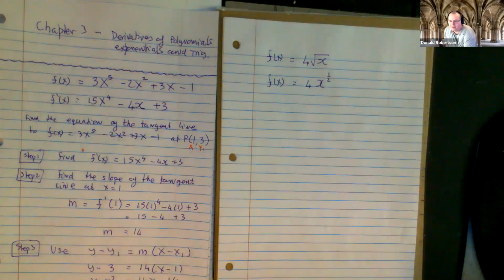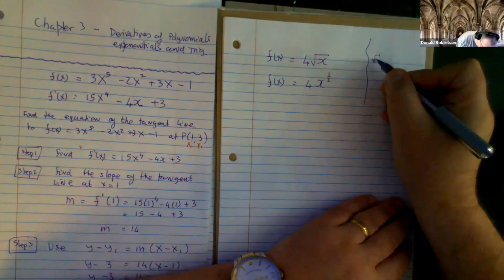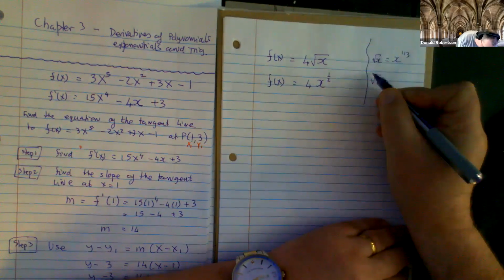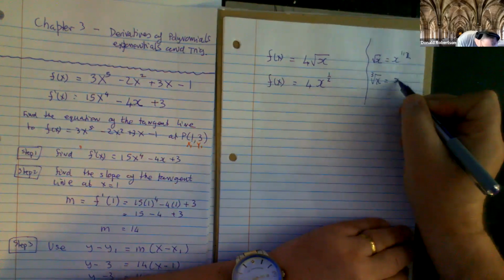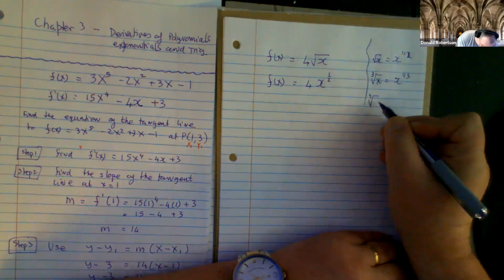Rewrite it as a fractional power. So try in your mind, a square root is a half power. A cube root is a 1/3 power. And forever and so on.